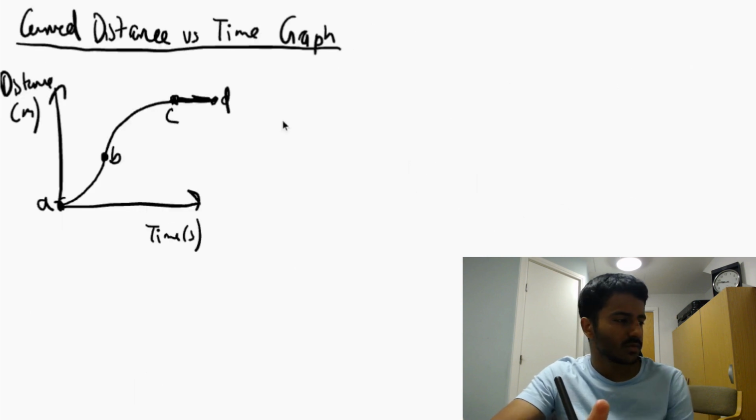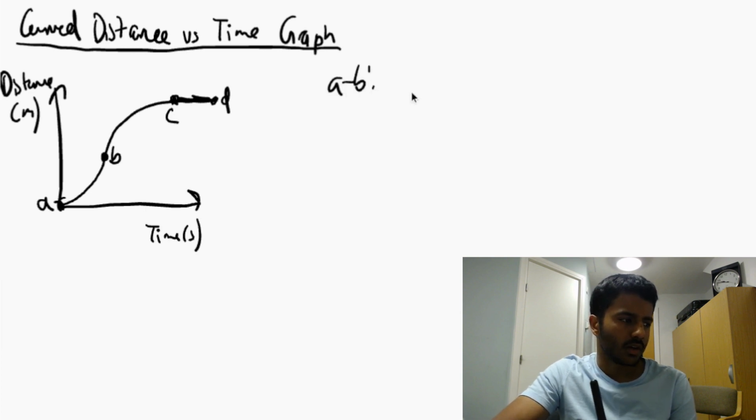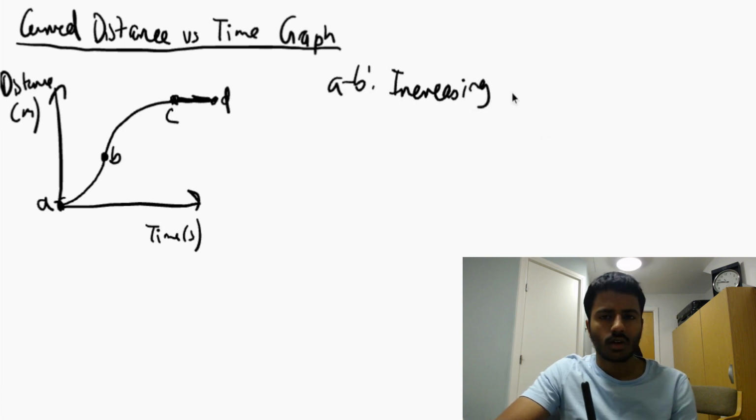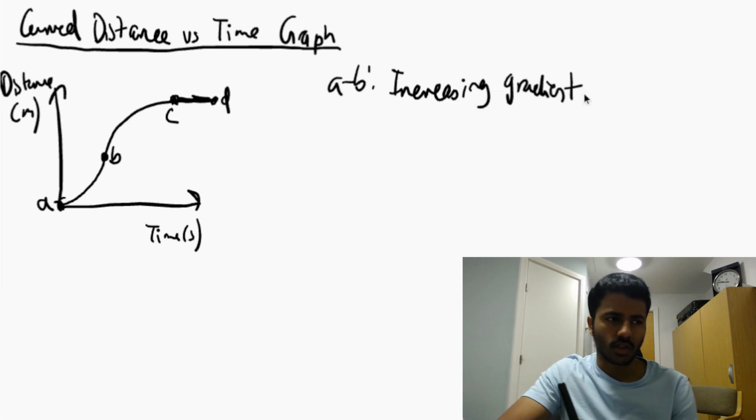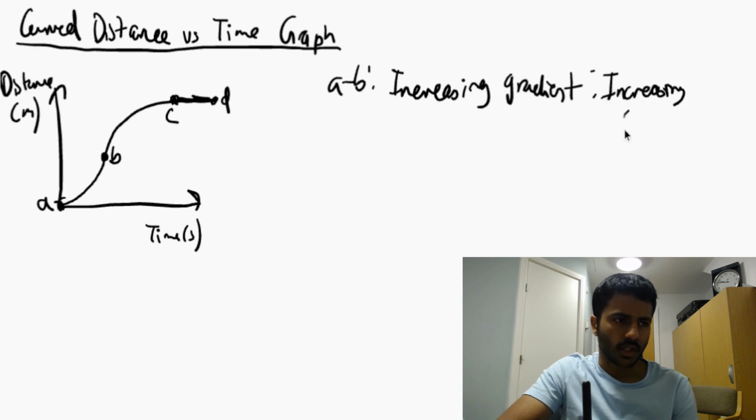Now in this case, you can see between A and B, you have increasing gradient. You can see that the gradient goes higher and higher. And we know that the gradient in a distance time graph refers to the speed. So this means you have increasing speed.